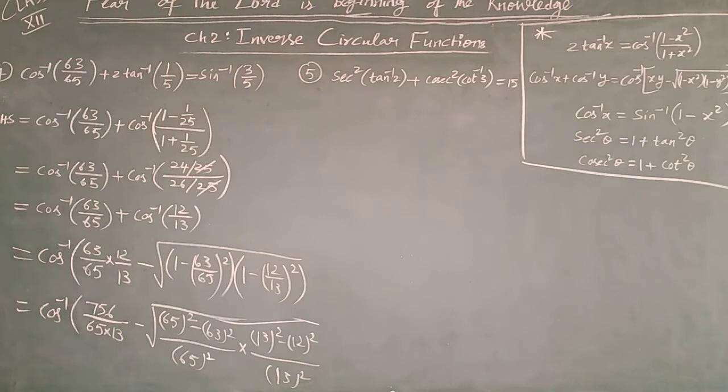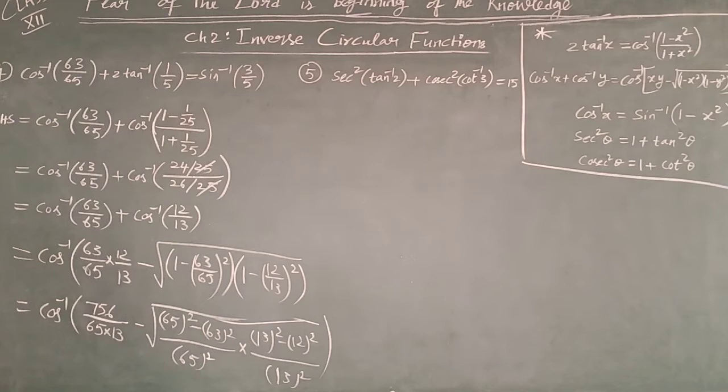So now what we are going to get, just check. We can write what is 65 square, what is 63 square, and what is 13 square minus 12 square, then we are going to solve that problem.